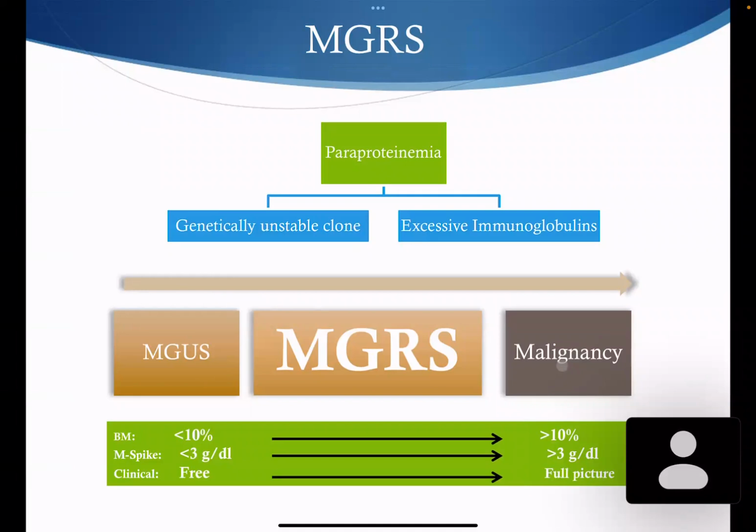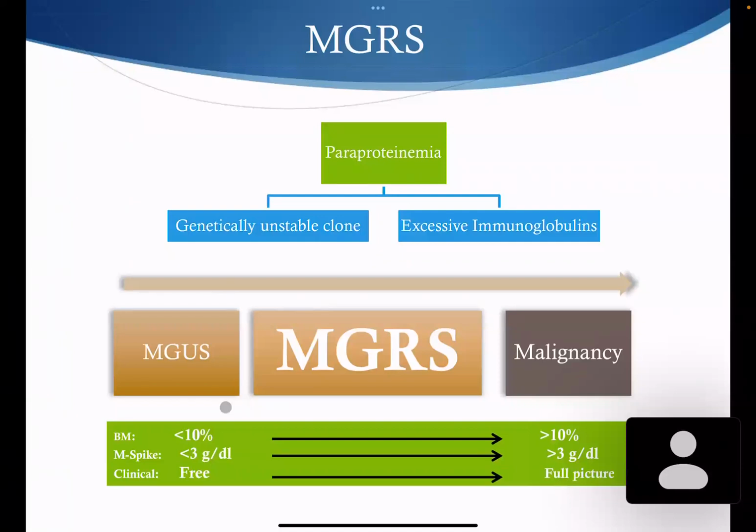This is opposed to a malignant clone, which has plasma cells more than 10% and more than 3 grams per deciliter of monoclonal band in the serum, and the full picture of CRAB, for instance, to have a malignant clone like in myeloma.